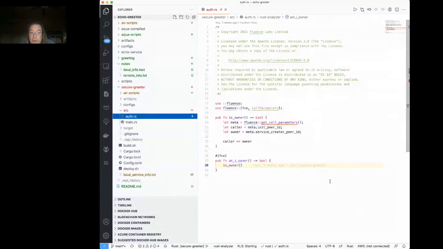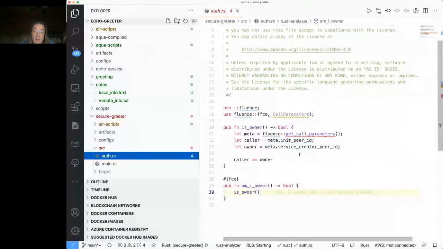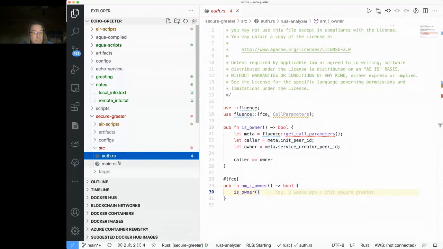And then we can determine the identity of a caller and the identity of the owner. And if those two match up, then we know the owner is the caller, and we can grant authentication. And that's exposed for a very simple function, and my owner.